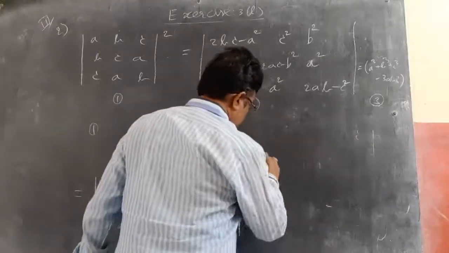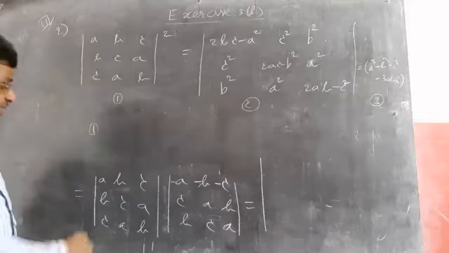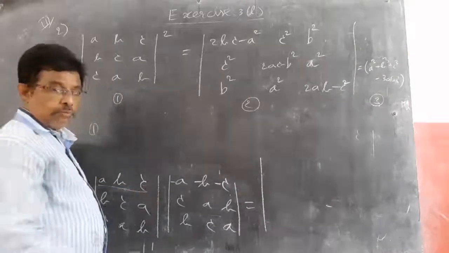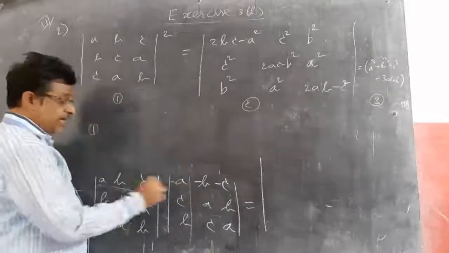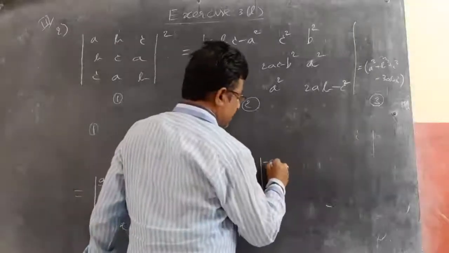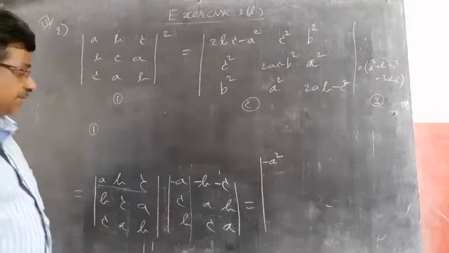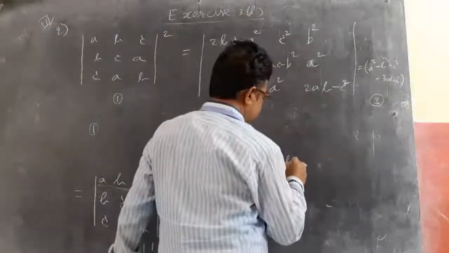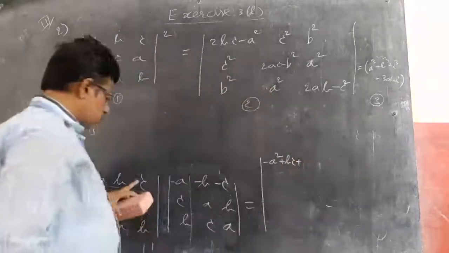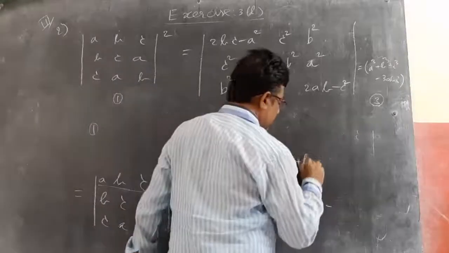Now multiplication. First row with first column. A into minus A becomes minus A square, plus B into C, BC, plus C into B, BC only.